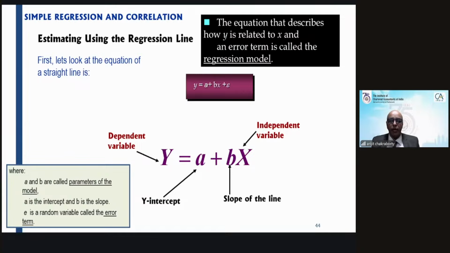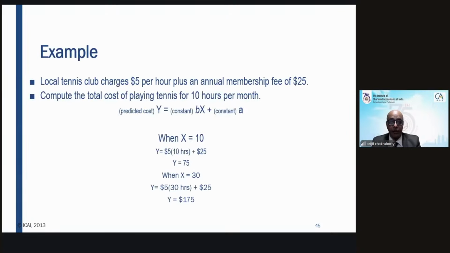Y is equal to a plus bx, where x is the independent variable whose value we have. Using that value and using the relation, we are trying to find out the value of the dependent variable, that is, we are trying to do prediction. It is a method of prediction or estimation. That is what I was discussing in the very beginning, predictive analysis.